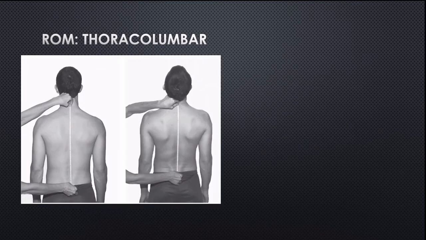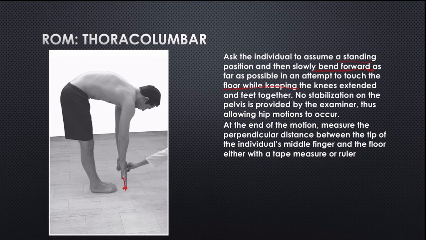So there's no specific range of motion, or rather no specific measurement for this one, but I believe this is due to the fact that flexibility is in play in terms of doing this motion.